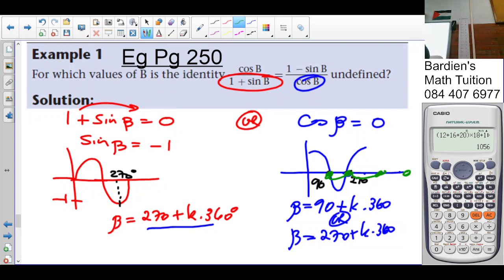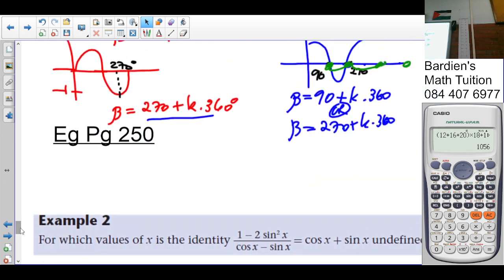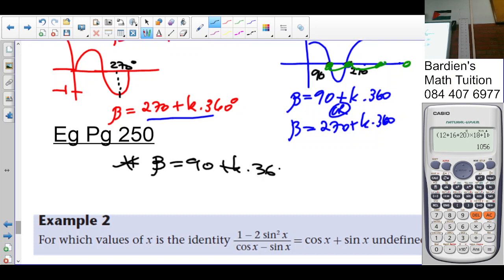So instead of writing this as we have it here, it can just be written as beta equal to 90 plus k times 180, where k is an element of integers. You guys understand? Am I moving too fast? No. Okay.